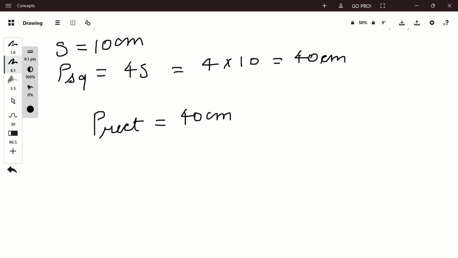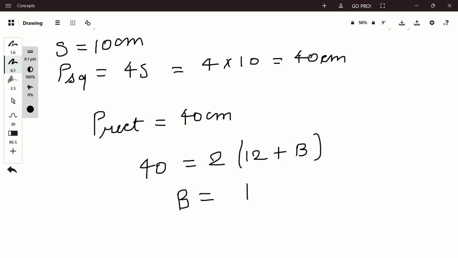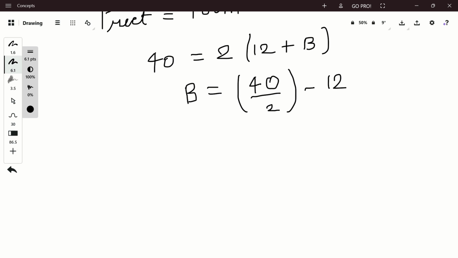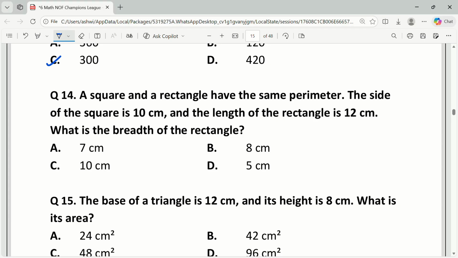The perimeter of rectangle is 2 times L plus B. Substituting the value, we have 40 is equal to 2 times 12 plus B. Solving for B, we have B is equal to 40 by 2 minus 12. Hence, B is equal to 8 centimeter. Comparing with the options, the answer is B, 8 centimeters.